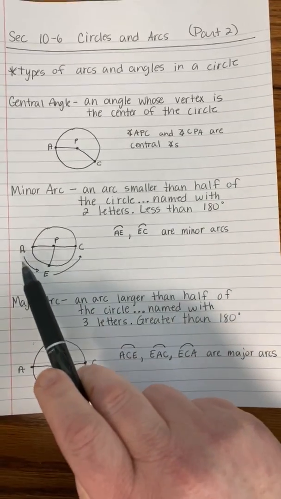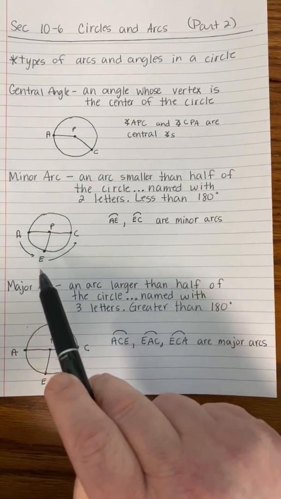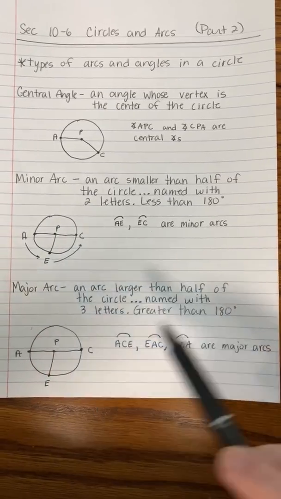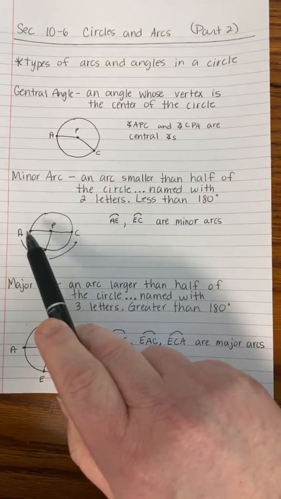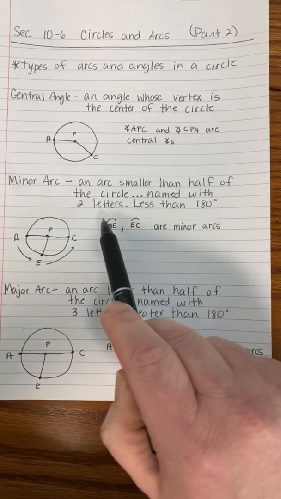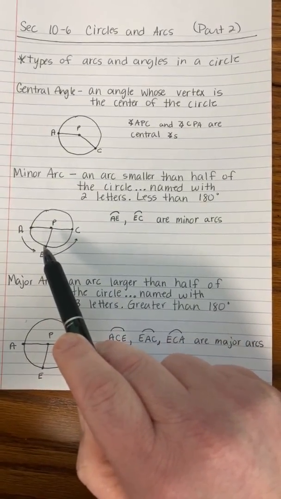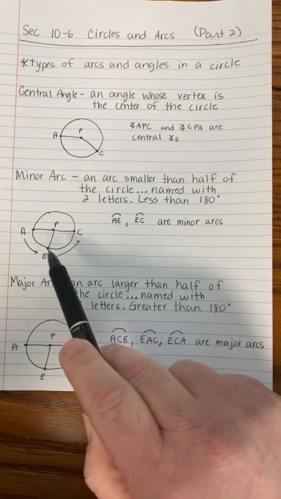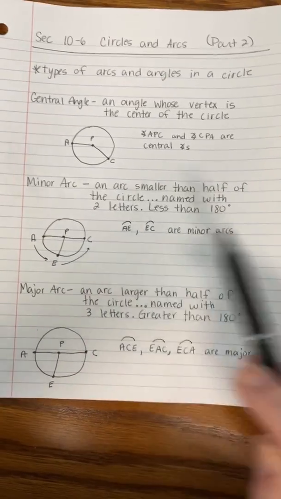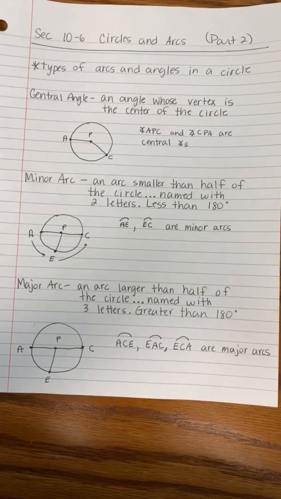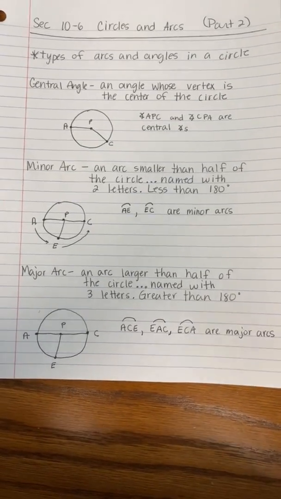I have these arrows pointing because this is the direction I'm going when I'm naming. So arc A to E, and notice I have a little curve mark up above it. That is a minor arc. It's less than half of the circle. Arc E to C, that's less than half of the circle. So those are both minor arcs.